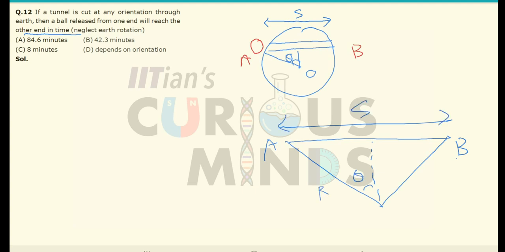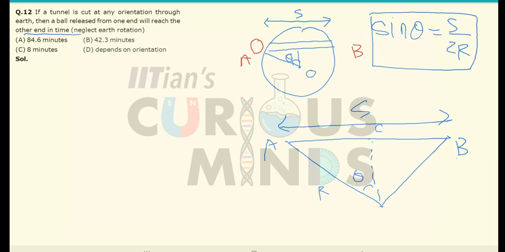If I consider a point C over here, then if I take sin theta, opposite over here: if AB is equal to S, then AC will be half of that length, S by 2, upon the hypotenuse, which is equal to R. So let this be equal to sin theta, we will use this part later.